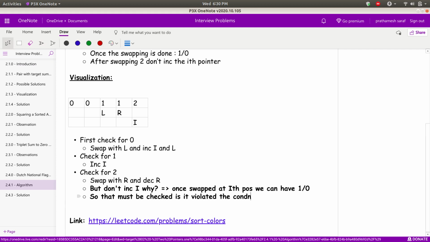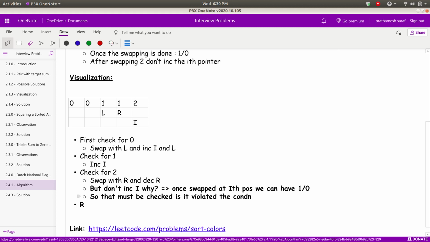And finally, what is next? You repeat this until I is less than or equal to R. Here I went till the end of the array, but it is not necessary, because wherever R is pointing, all the values after R are actually sorted, right?